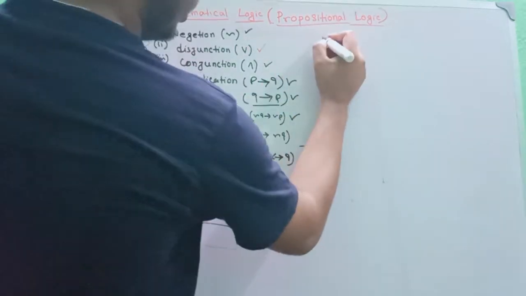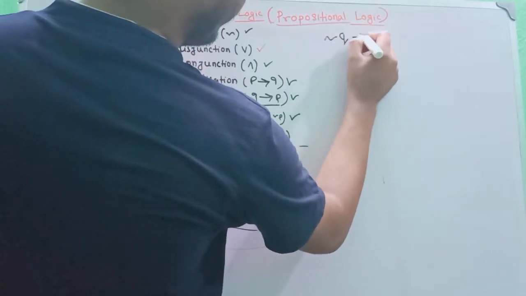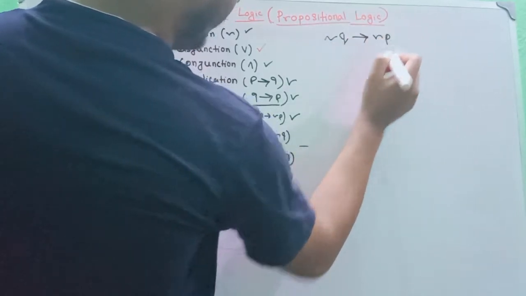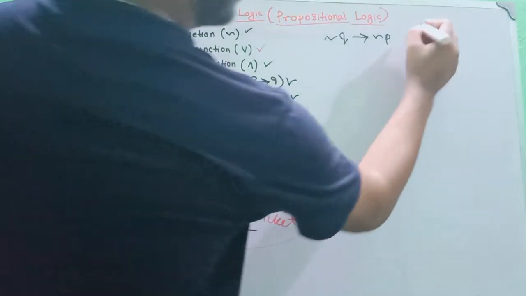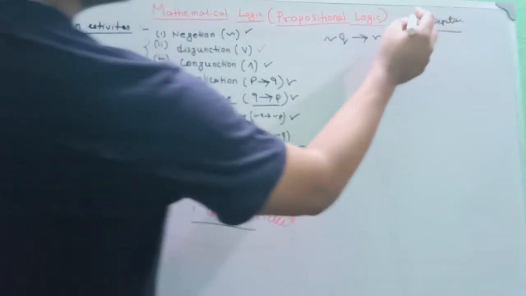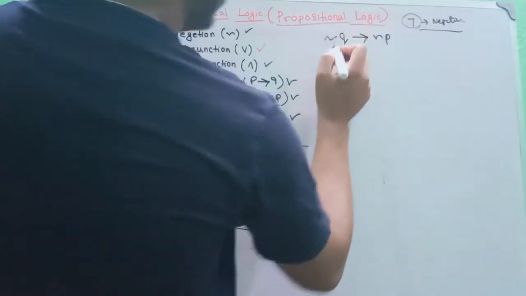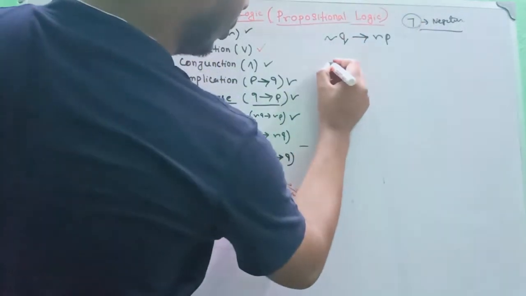So this is negation Q implies negation P. This is contrapositive, and you can use this symbol or this symbol, any one you want.